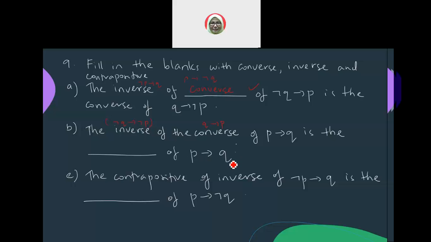It is the contrapositive of P implies Q.